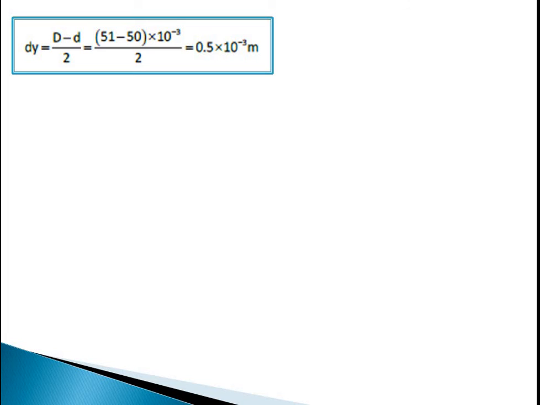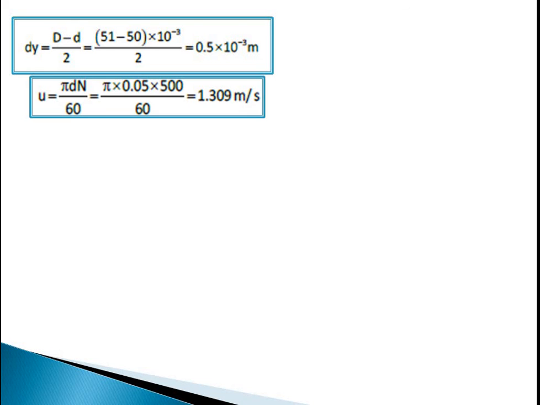By this sequence, initially we calculate dy, the distance between the shaft and bearing, which equals D minus d by 2. So 51 minus 50 into 10 to the power minus 3 by 2 is 0.5 into 10 to the power minus 3 meter. It is the gap between shaft and bearing.